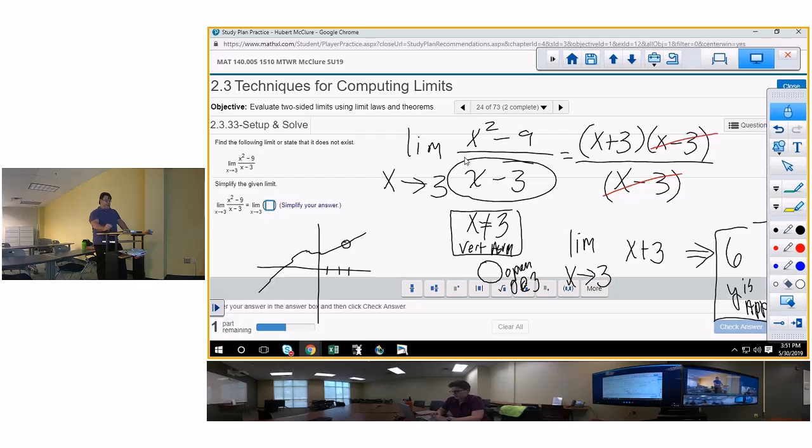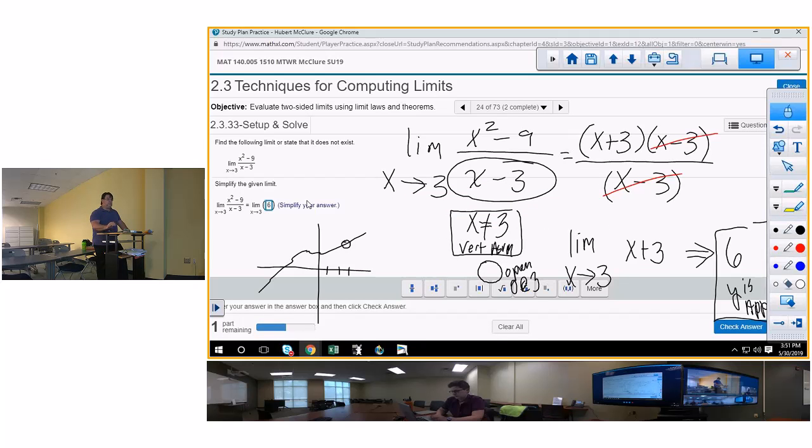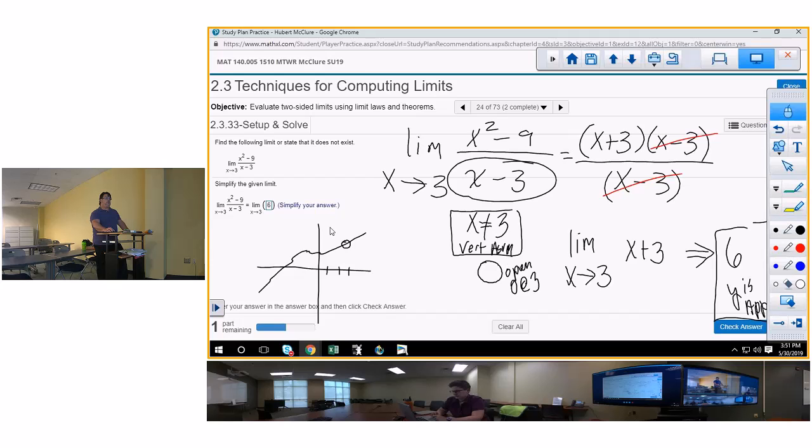I'm going to put a 3. That's not my point right now. We're going to get to the graphing in just a minute. Oh, 6. It's supposed to be 6. Sorry. Okay, they want you to graph it. What is it? x plus 3.